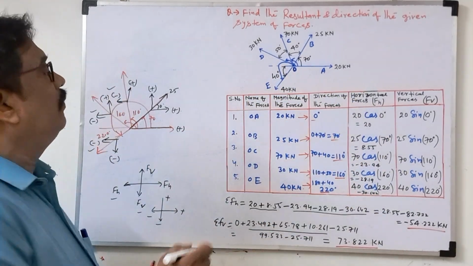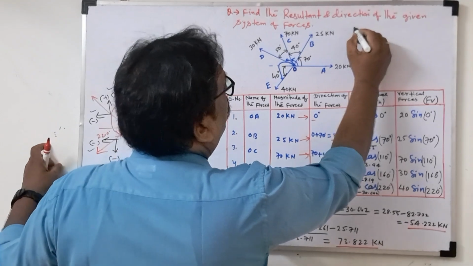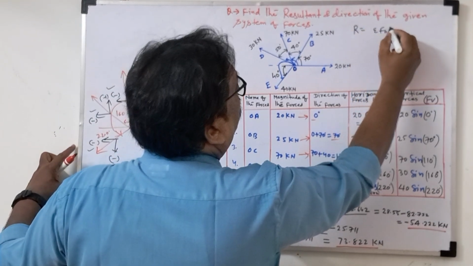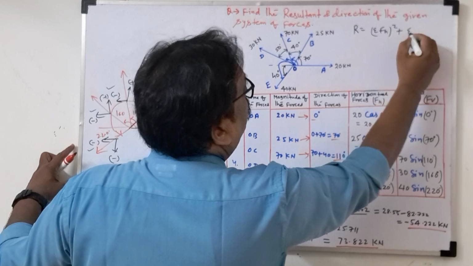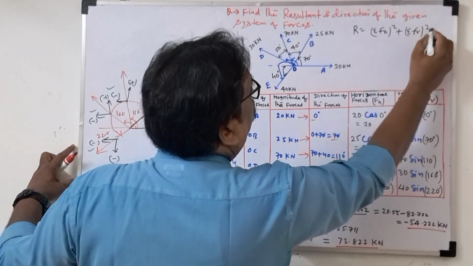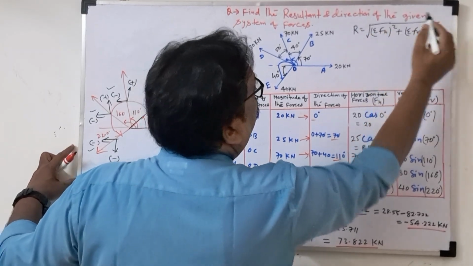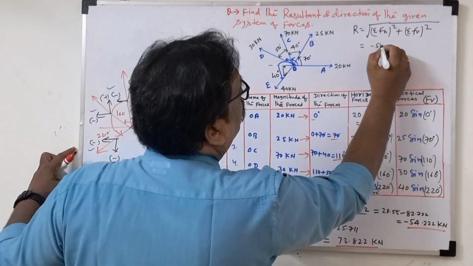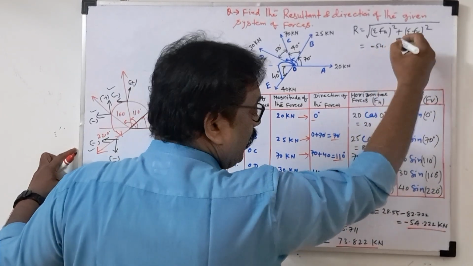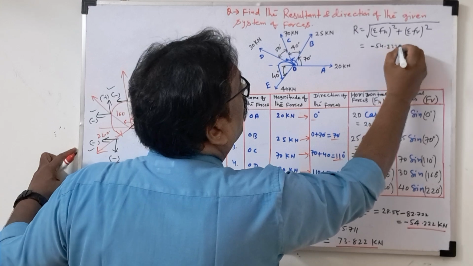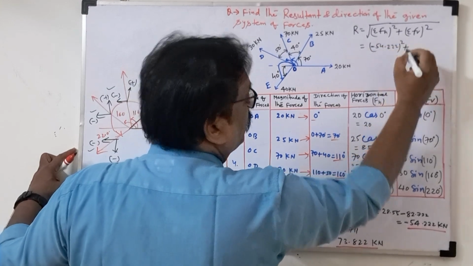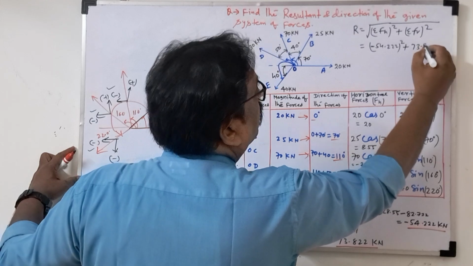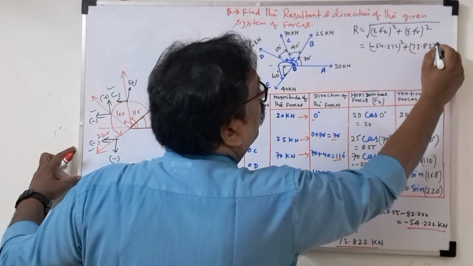Now the resultant formula will be there. What is the resultant formula? R equal to square root of sigma Fh whole square plus sigma Fv whole square. If you see the values, this one is minus 54.22 whole square plus 73.822 whole square.